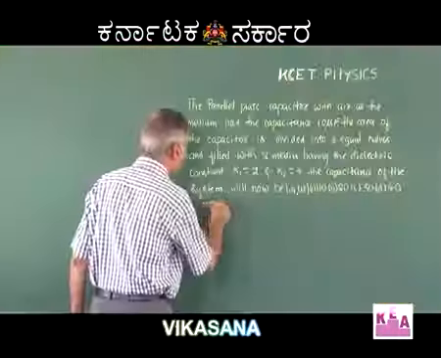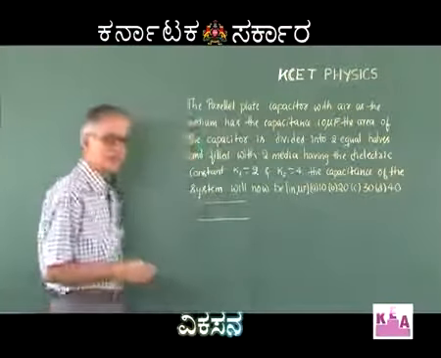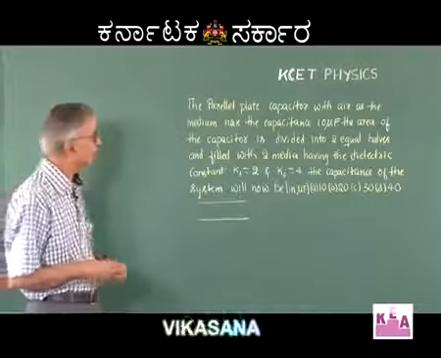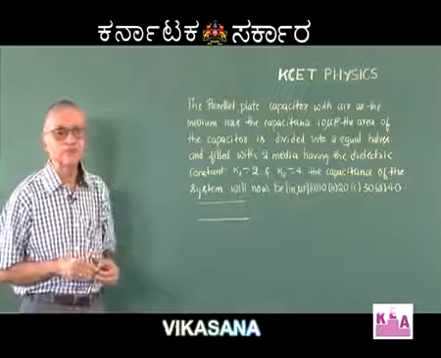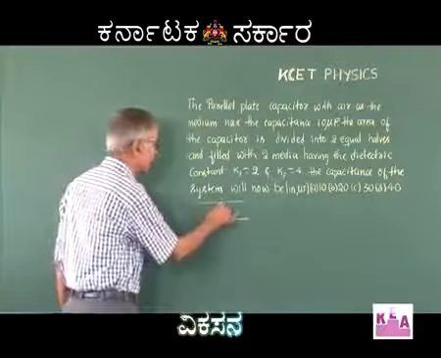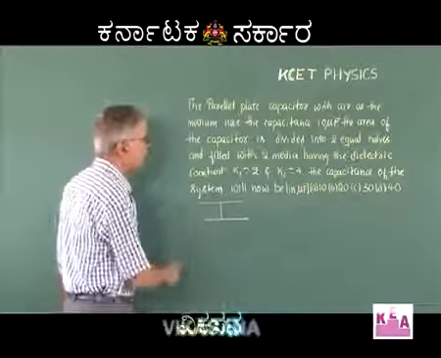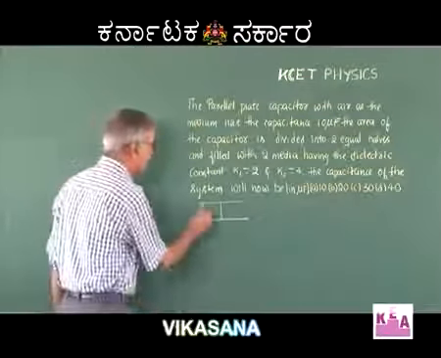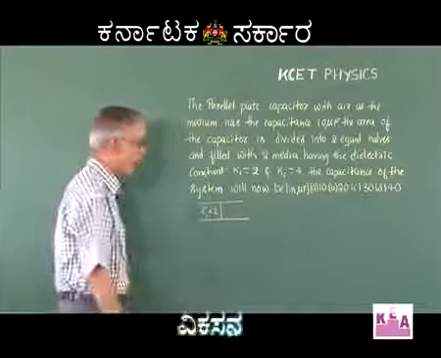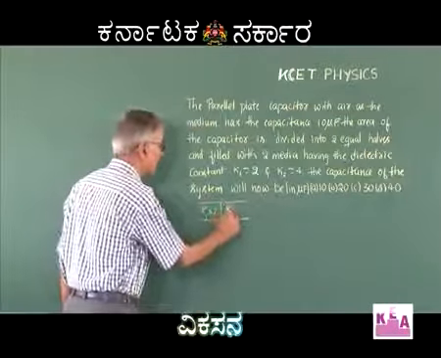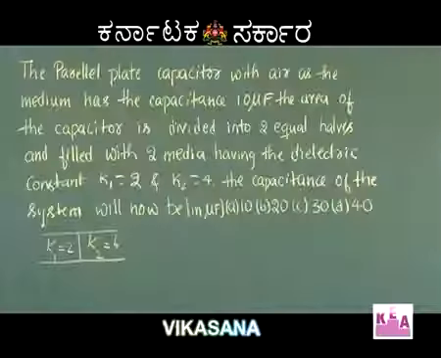Consider a parallel plate capacitor with air as the dielectric. He says the capacitance of this capacitor is 10 microfarad. Suppose it is divided into two halves with one half filled with a dielectric medium of dielectric constant equal to 2 and the other filled with a dielectric medium with a dielectric constant equal to 4.